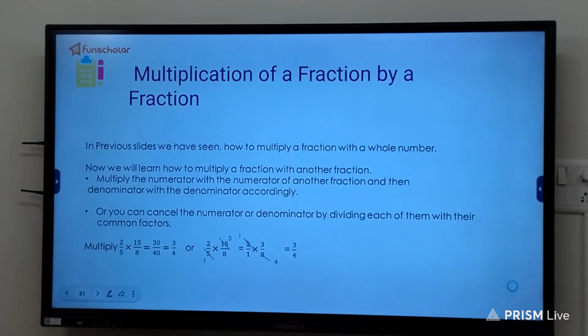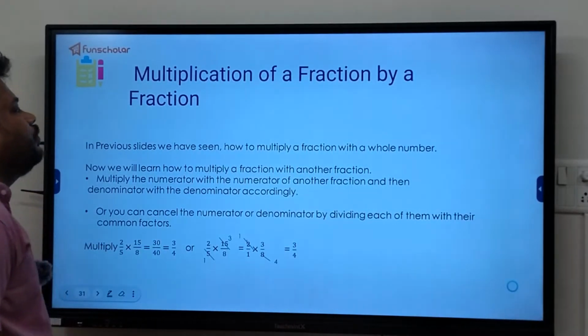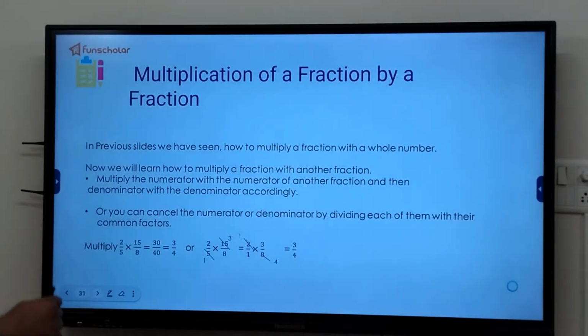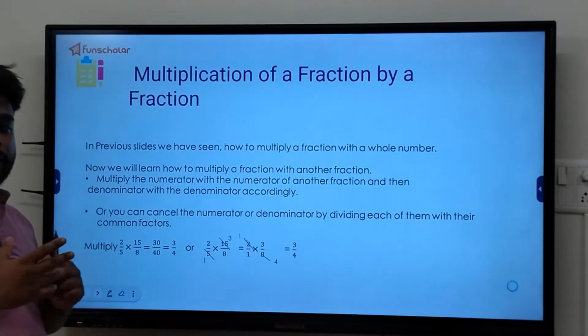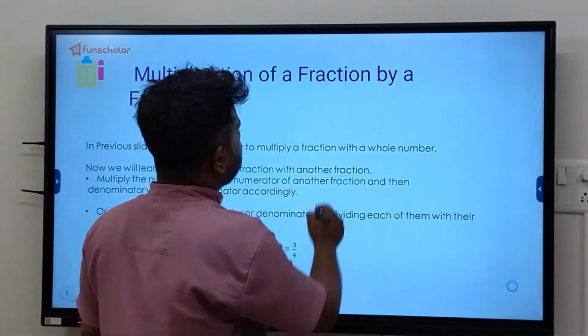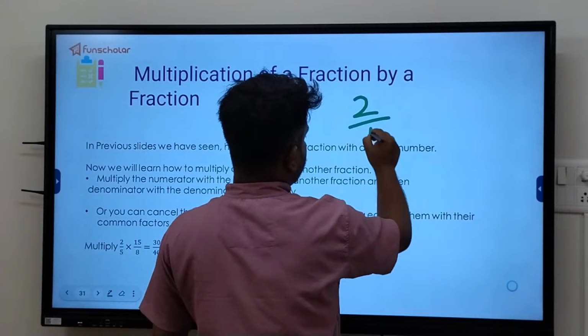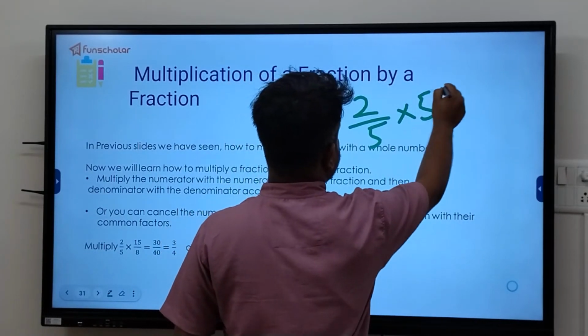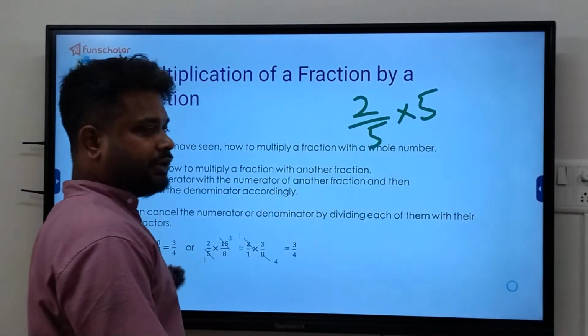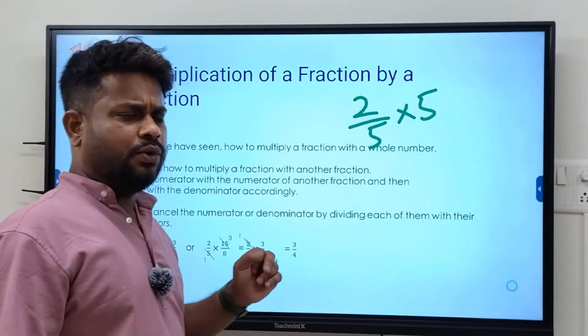The next one: multiplication of a fraction by a fraction. In previous slides we saw how to multiply a fraction with a whole number. Now we will learn how to multiply a fraction with another fraction. We have already learned that we can multiply fractions like this. Here 2 by 5 is a fraction and 5 is a whole number.